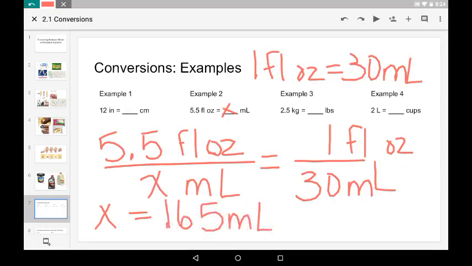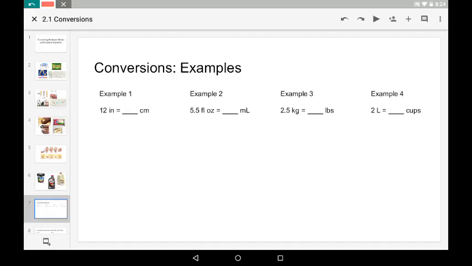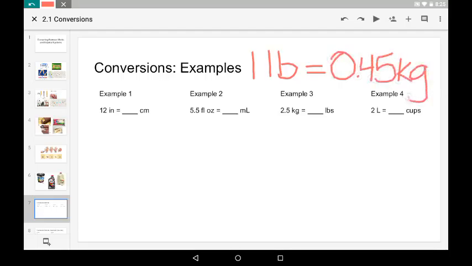For the third example, we have kilograms and pounds. If you look on your sheet, you find out that 1 pound, which is LB, the abbreviation for pound, is equal to 16 ounces or 0.45 kilograms. So we're going to say 2.5 kg is equal to how many pounds?